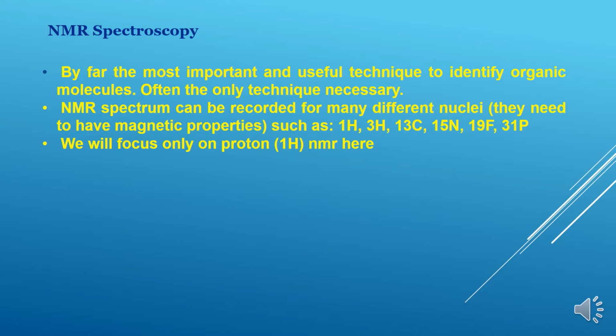The NMR spectrum can be recorded for many different nuclei like 1H, 3H, 13C, 15N, 19F, and 31P. Now we will focus only on proton NMR here because proton magnetic resonance spectroscopy is prescribed in the KUD syllabus for BSc 6th semester organic paper 2. That is why we are only focusing on proton NMR.